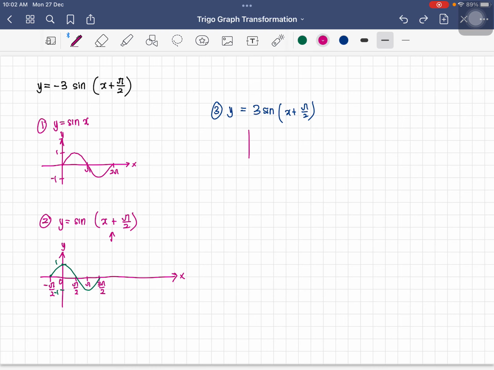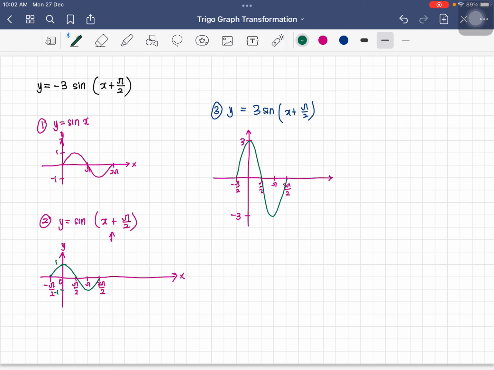So I'll have something like this. My 3 here, and here will be a -3. So this is -pi over 2, pi over 2, pi, and 3 pi over 2. Now I have a bigger amplitude, so of course it will be something like this.